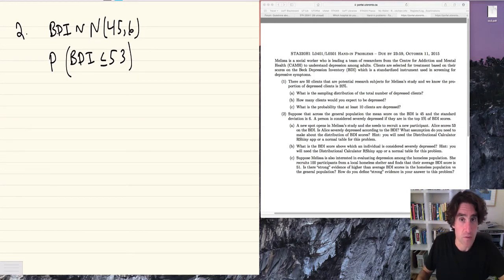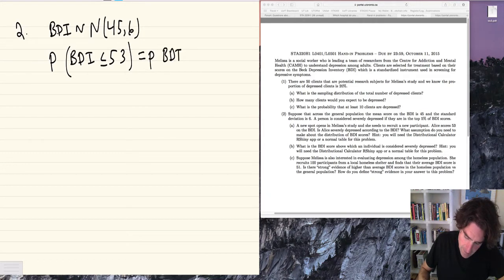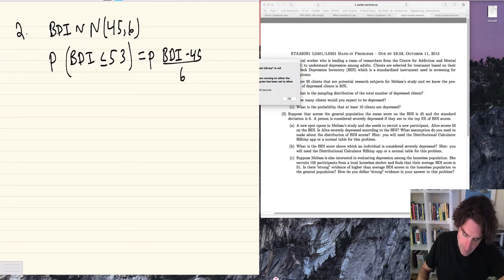Well, the first thing we should do is standardize. So the probability of (BDI minus 45) divided by 6 is less than or equal to (53 minus 45) divided by 6.